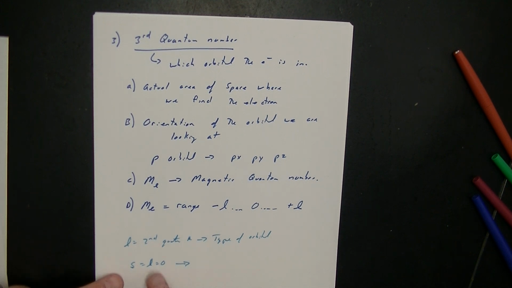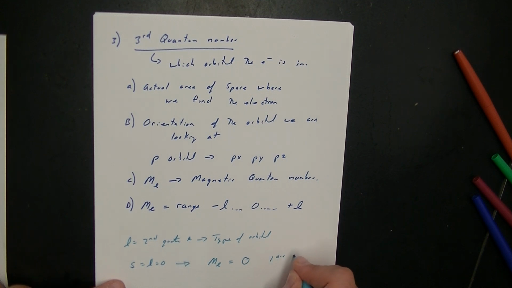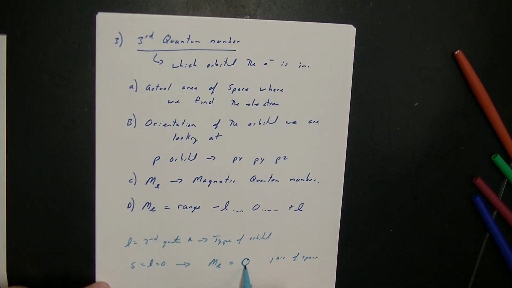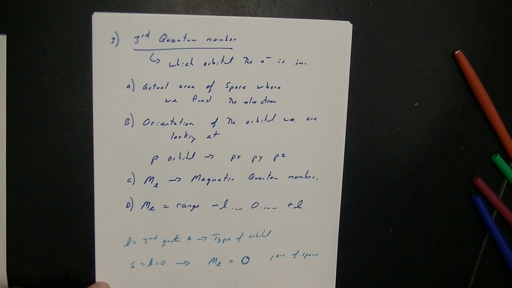So in this case, the range mL equals negative L to 0 to plus L. Well, negative 0 is 0, then we have 0, and then positive 0 is also 0. So if it's an S orbital, there's only one area of space. In an S orbital, mL is equal to 0.